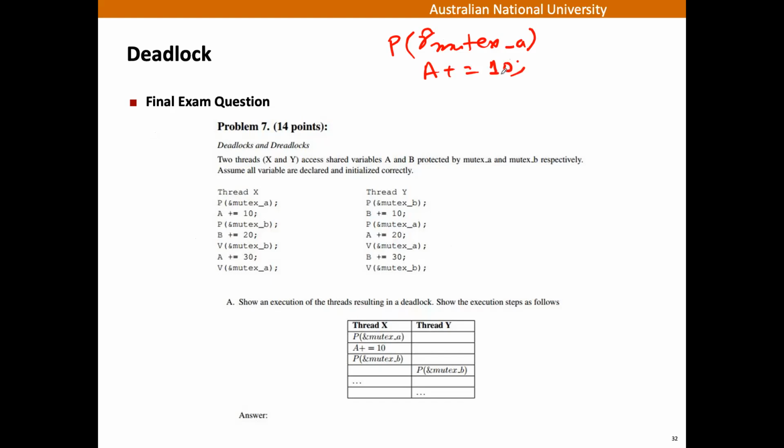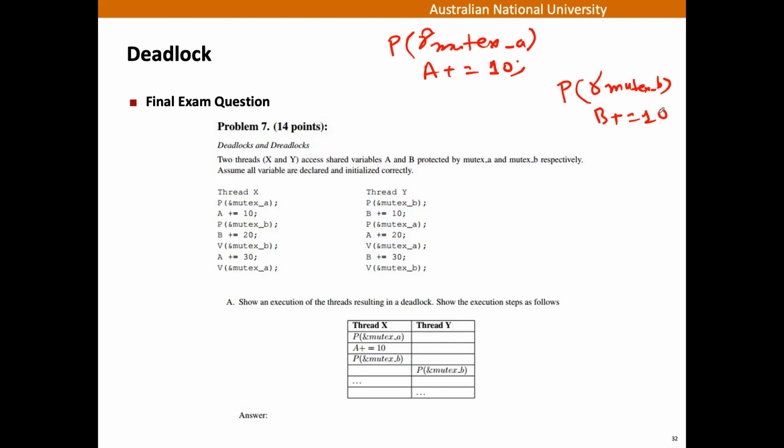So what can happen now for a deadlock? What would lead to a deadlock? If the second thread does this, okay, this is a situation. Can any thread make progress now?